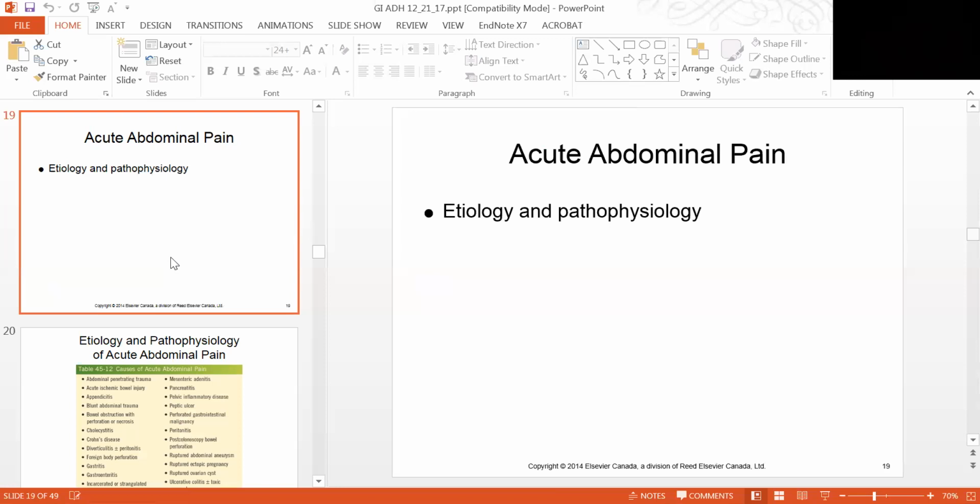So you're going to do your inspection. This is the time you're going to do your auscultation, placing your stethoscope in all 4 quadrants, listening for 15 seconds to see if there are any bowel sounds. And then if warranted, you're going to lightly palpate the abdomen, avoiding the painful area.